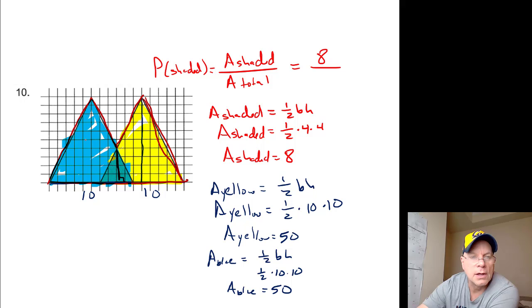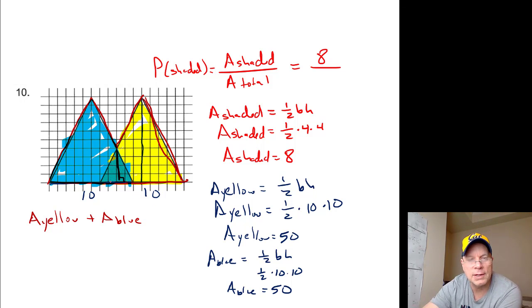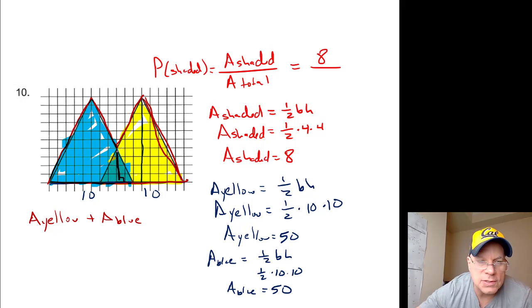I have no idea. Whatever's inside that, which is area yellow plus area blue almost. Except we've got this overlapping section, right? This section needs to be included, but if we add the two triangles, we've included it twice.